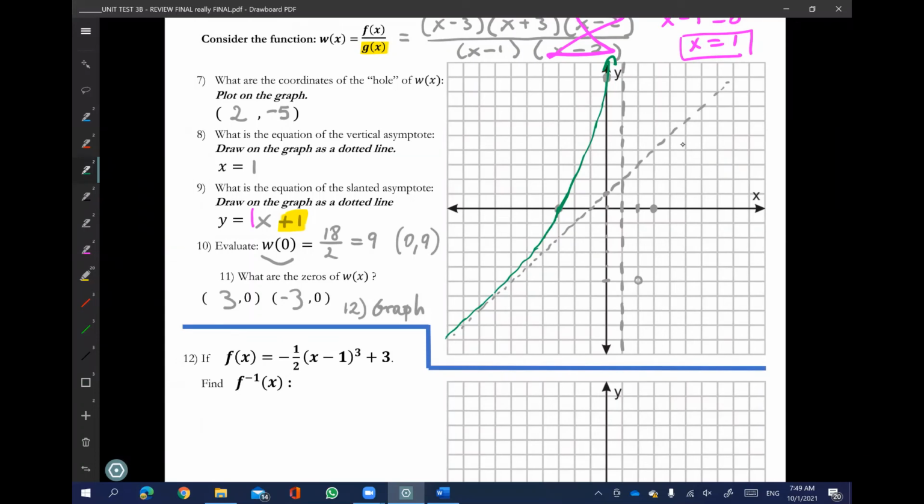It's going to disappear, shooting up towards positive infinity. At x equals 1, it disappears and reappears right here. It's going to go towards the hole. You're not going to include that. That's a circle. And it's going to keep going, go through this other 0, and then tends towards the slant asymptote. And that's it.